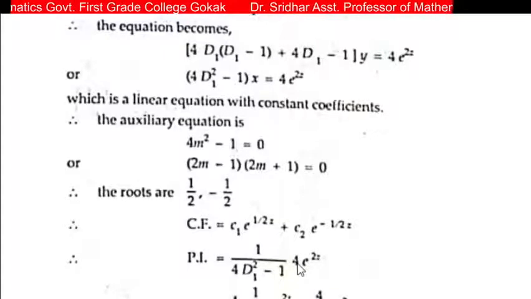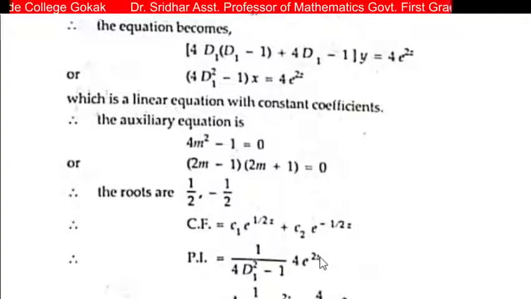Now we find the particular integral. The particular integral is equal to 1 divided by 4 capital D1 square minus 1, 4 e raised to 2z. Here we apply the rule: when f of x is e raised to ax, then we replace capital D by a.